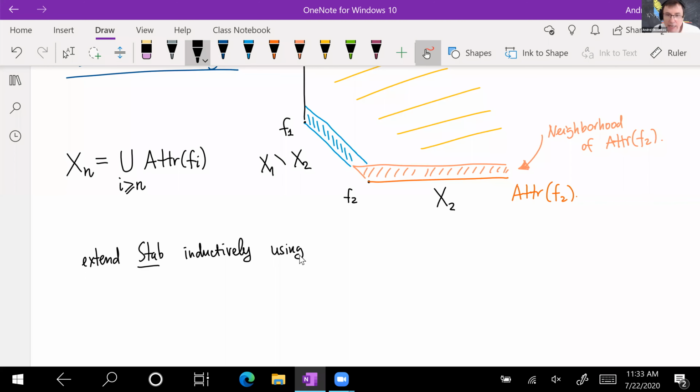So if I have a variety and I have a subvariety, then there is a long exact sequence in cohomology.